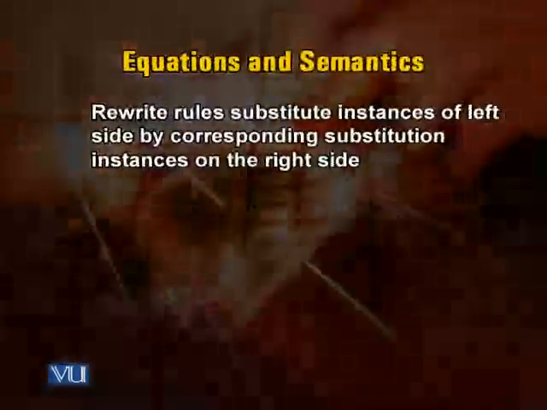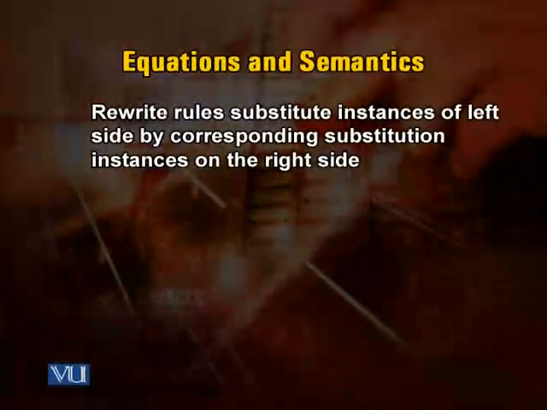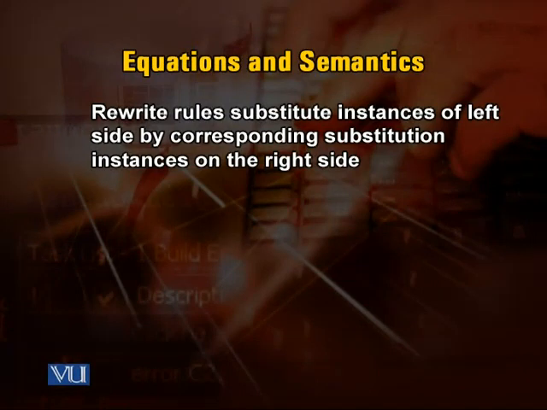We rewrite rules, substituting instances of the left side by corresponding substitution instances on the right side. So we have the equation, and remember, in the equation we have the left hand side and the right hand side. We substitute the left hand side with the right hand side, and this is what term rewriting is.